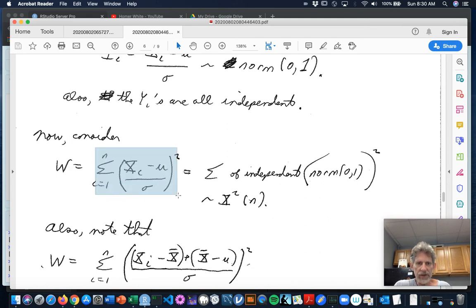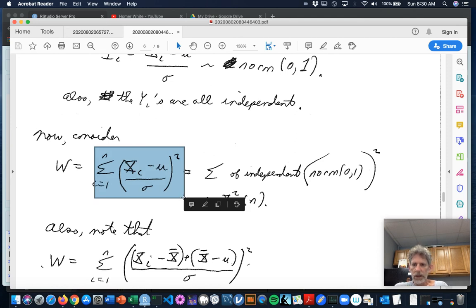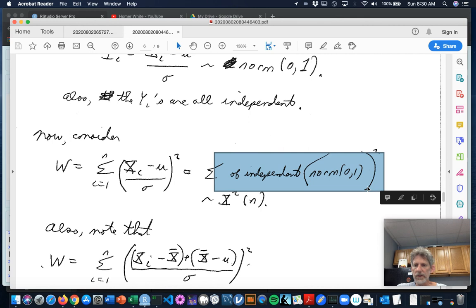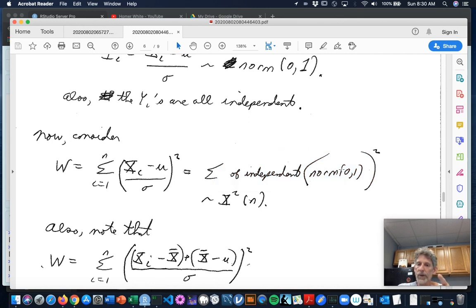So this is very similar looking to my mystery random variable, but not quite. It's got a mu instead of an x bar. And because of that, everything changes. That's a standard normal. It's a Yi. We're looking at a Yi squared. We're looking at the sum of the squares of n independent normals. Do you remember that the square of a standard normal is chi-square with 1 degree of freedom?